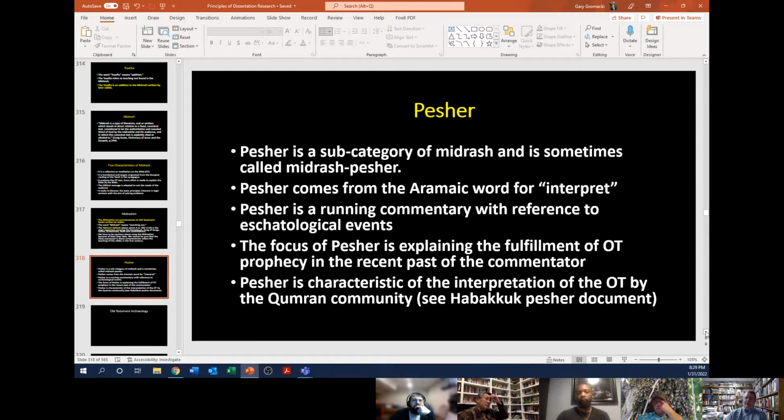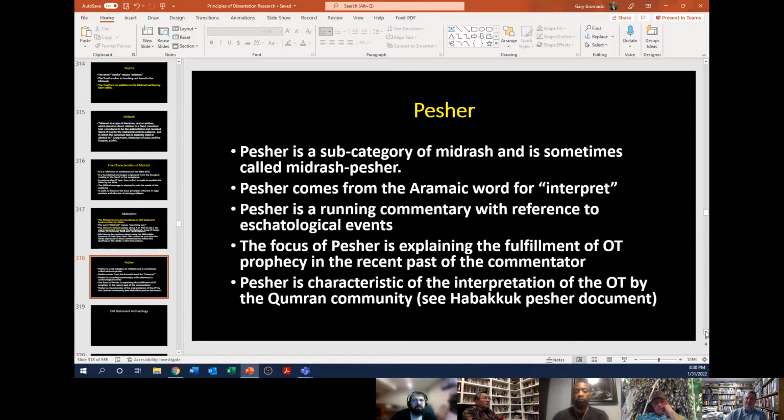And so that's how they interpret the book of Habakkuk. But Habakkuk is not talking about and predicting the Roman invasion. It's predicting the Babylonian invasion of Judah, right? Habakkuk is a pre-exilic prophet to Judah, predicting the Babylonian invasion.